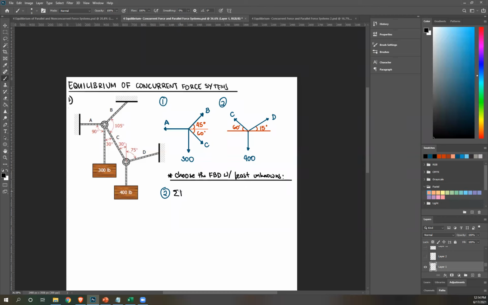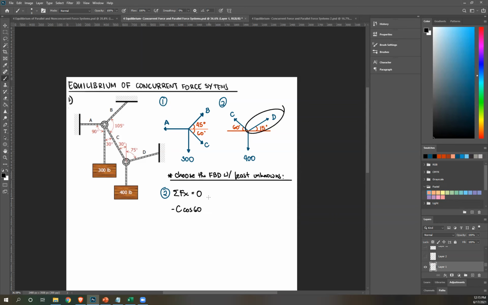So summation of forces X is now equal to 0. It's not R equals summation of Fx anymore. For equilibrium, this is our equation. So take note of that. Let's begin. C is to the left, so sign convention still applies. C is to the left, so that's negative. C, its component, so that's cosine 60.